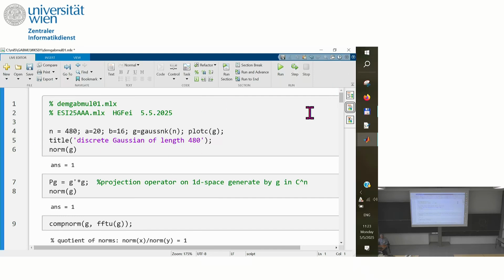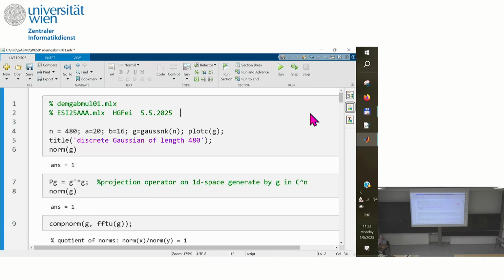Okay, so at the end, I decided to start the presentation more or less from the end, because I'm afraid by talking so much, I would not come to the end. And I will explain later how we are doing this. So my standard setting, as I said, is signal length 480.